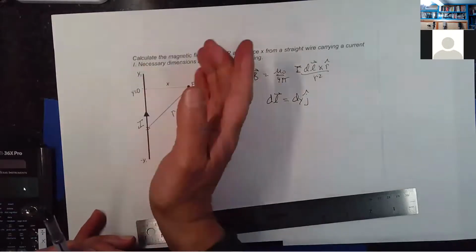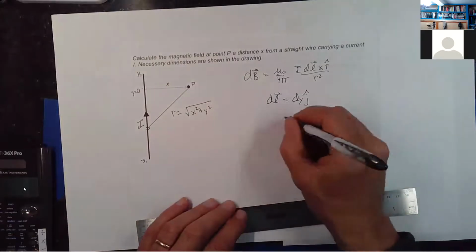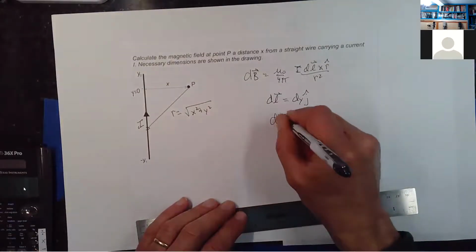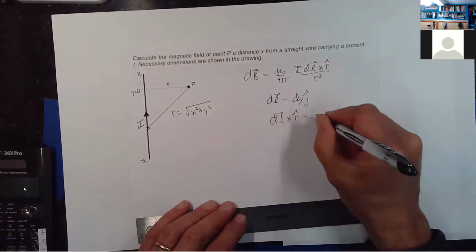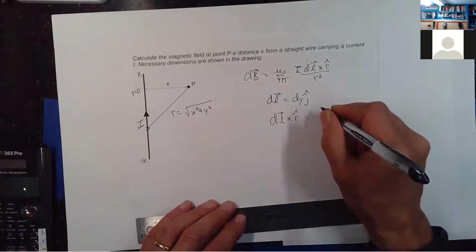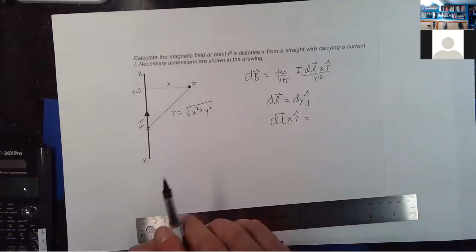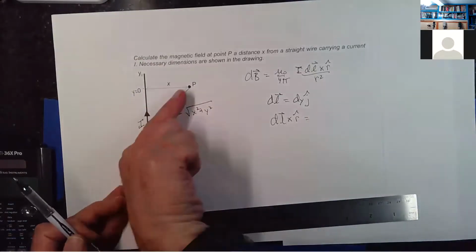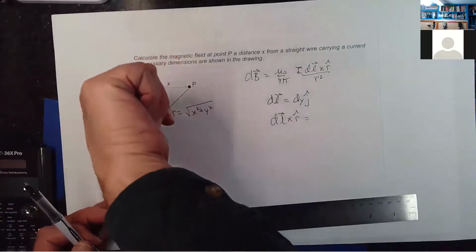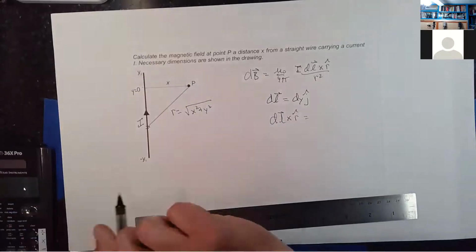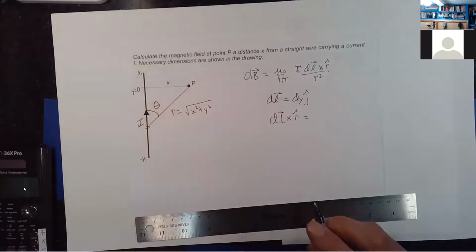With x and y going that way, z is out of the page, so dl cross r hat will point in the negative z direction, and the angle that shows up here is this angle theta.